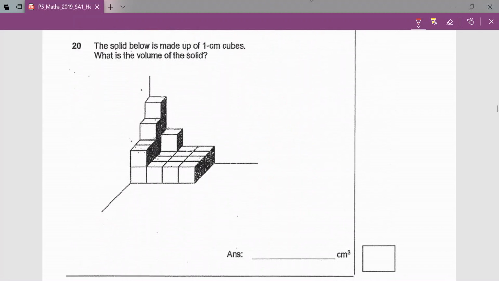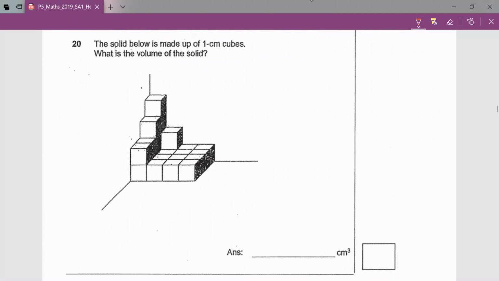Next question. The solid below is made out of 1 cm cubes. What is the volume of the solid? As you can see, there are how many layers? One first layer here, second layer here, third layer here, and a fourth layer here. On the fourth layer, you only have 1 cube. On the third layer, you have 2 cubes.